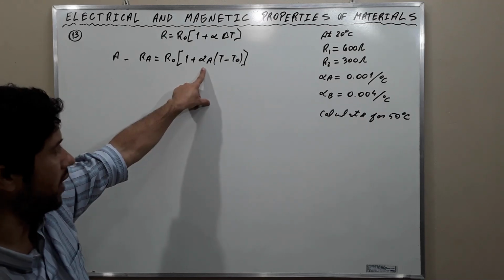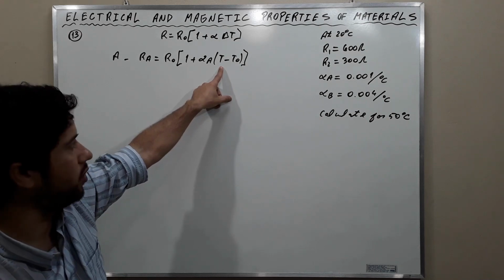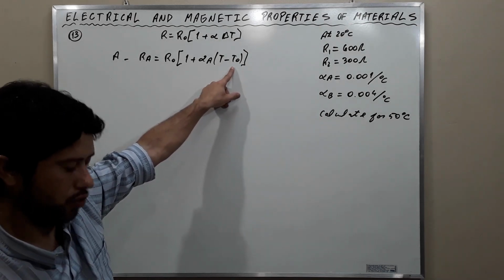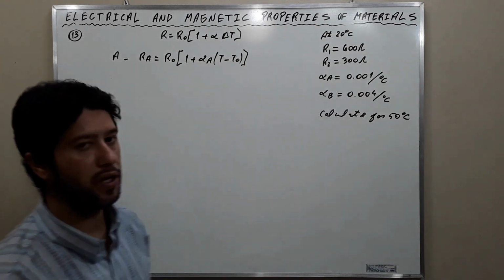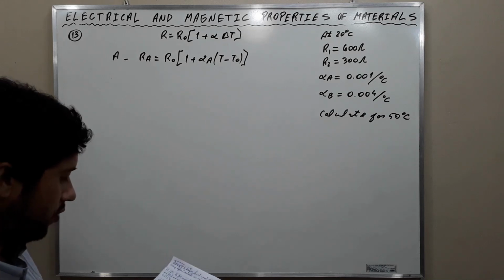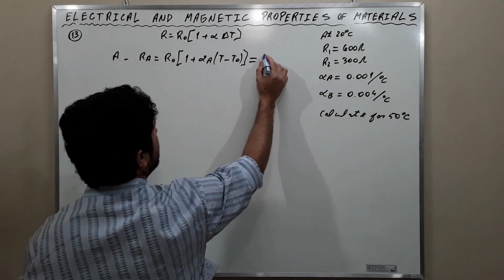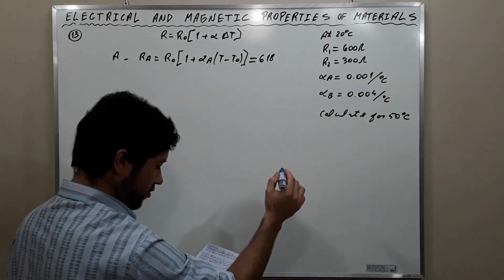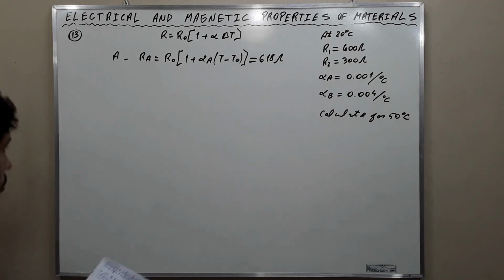The final temperature is 50 degrees. We're going to use 50 degrees here. And here we're going to use 20 degrees because it is the initial temperature. And if we use all these values and calculate, we find 618 ohms. The same is going to be done for wire B.